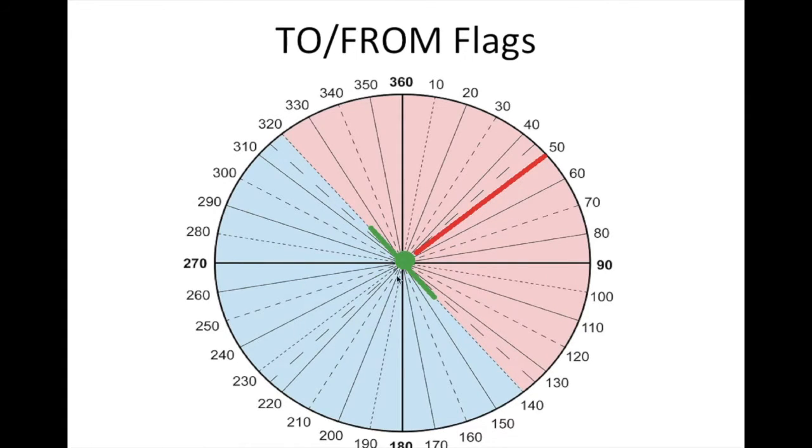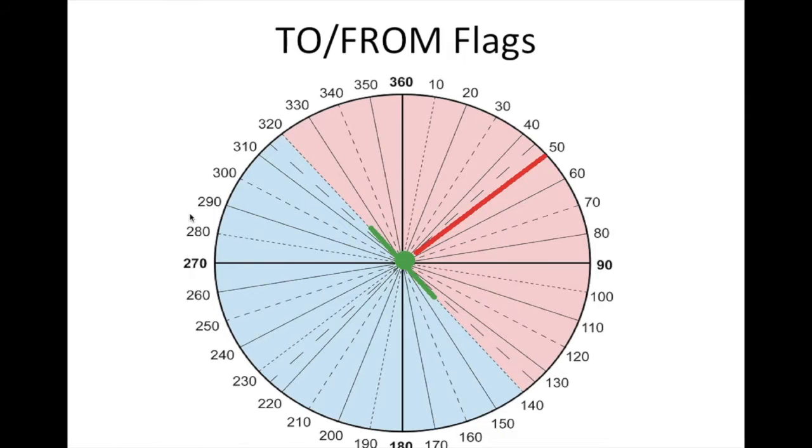Let's look at another example. Let's look at an easy one. If we pick, for example, the 000 radial, or 360, as you can see here. That's my radial of choice that I selected using my OBS and the course deviation indicator, the CDI, in the plane, which I'm going to show in just a second. We're just talking theory right now. I select 360. Plus or minus 90 degrees will be what? It will be 090, as you can see here, and 270.